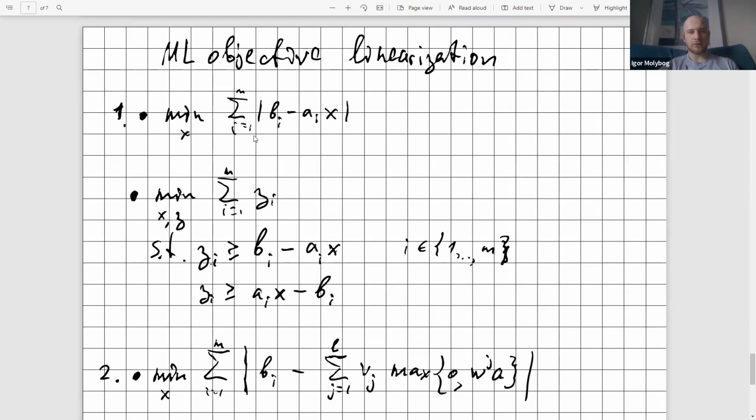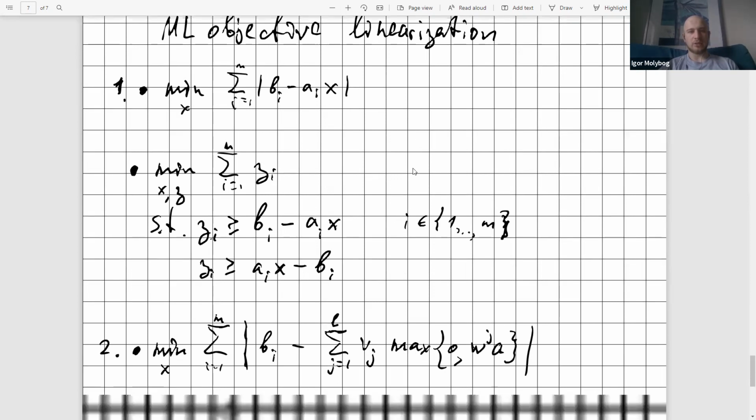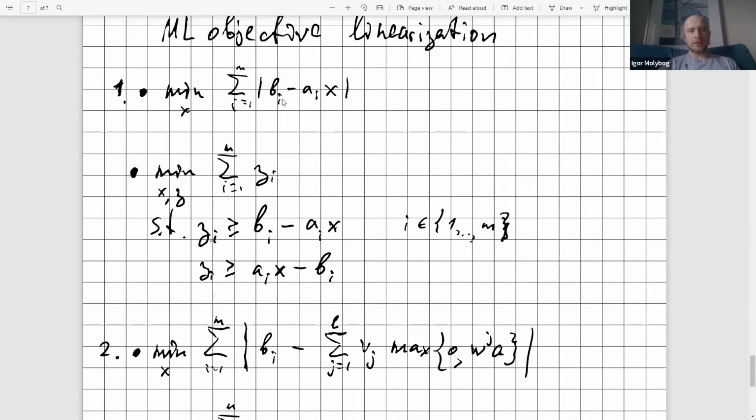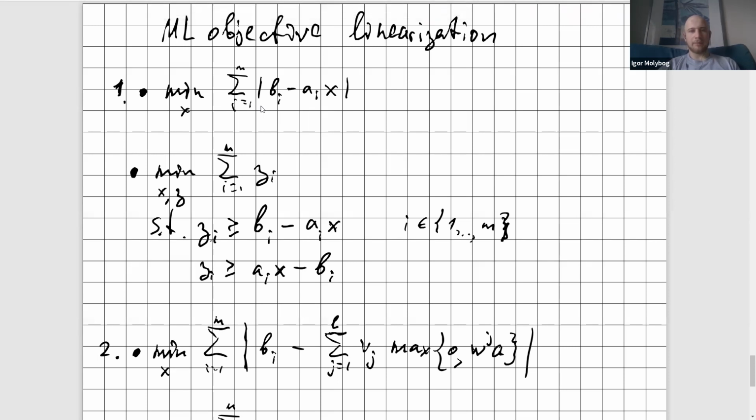The first step is to just substitute a transposed x into this expression. Then we know that the absolute value is essentially a maximum, we can rewrite it as a maximum between the two numbers, right?